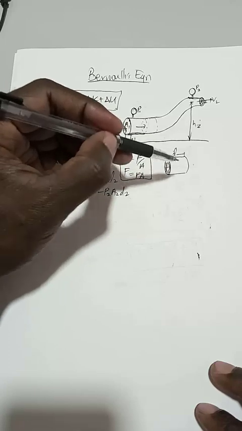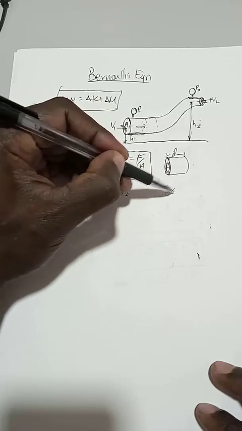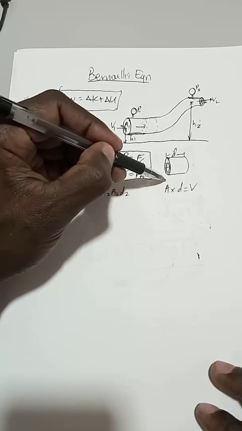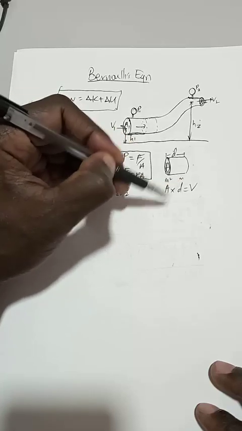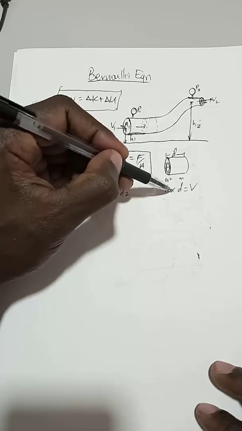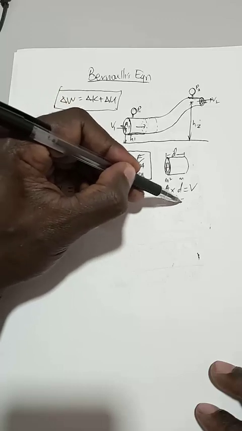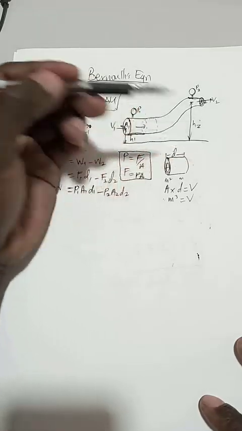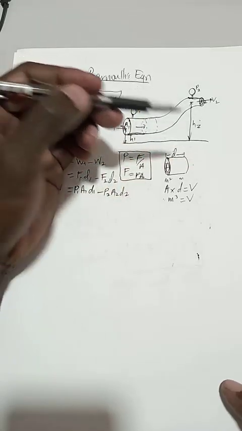Area times distance is basically volume, because this is meter squared and this is meter, so in SI units it is cubic meters, which is a volume.